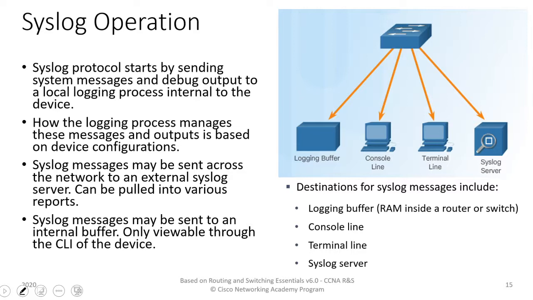If we are connected through a direct console connection to the switch, for example, the messages can be displayed there. If we are connected through other terminal connections like an SSH terminal, again they can be displayed there, or they can be forwarded onto a syslog server. So the same messages can be going into a number of these destinations as we need.